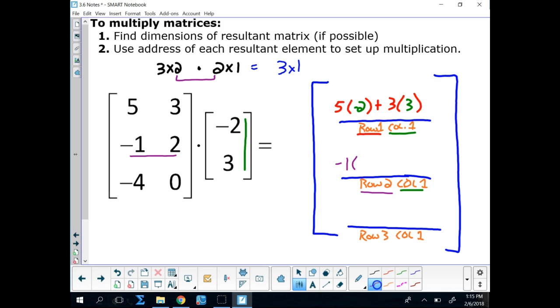Negative 1 times negative 2, and 2 times 3. Then it's going to be the third row of the first one times the first column of the second one.